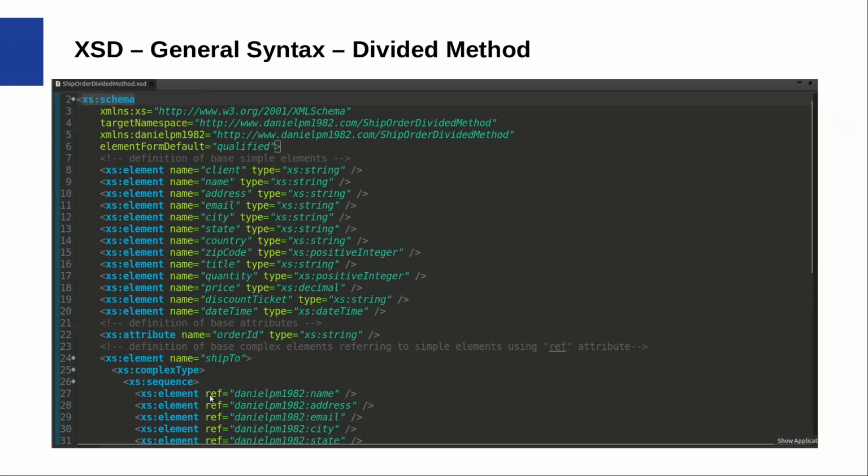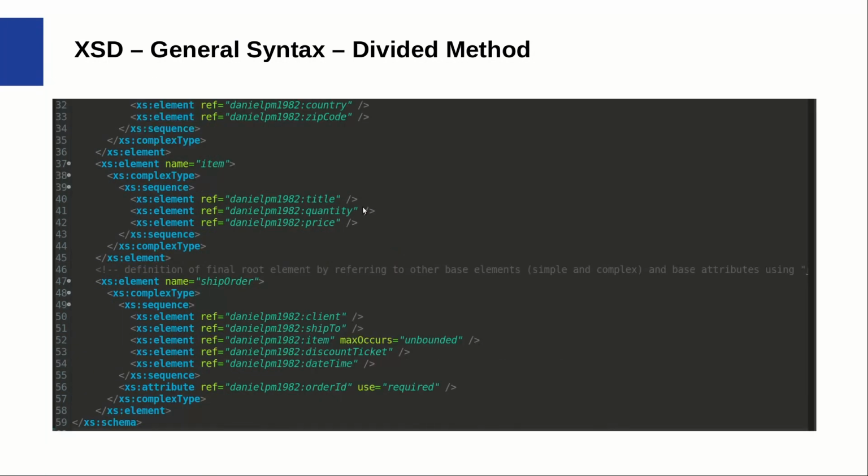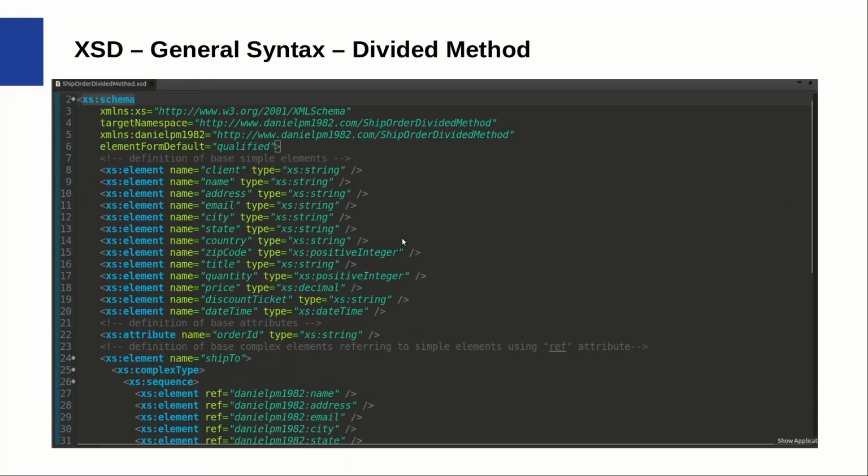So here we are referring to the name, the address, the email, the city, the state already declared outside, as well as the country and zip code. And in this other complex type called item, we are referring to the title, quantity, and price elements, also declared globally here.